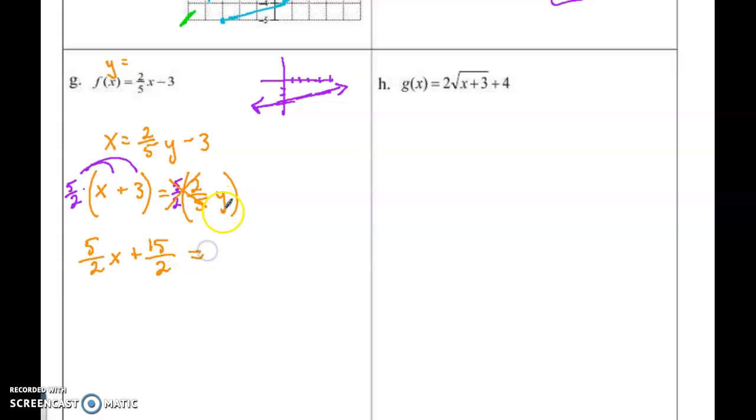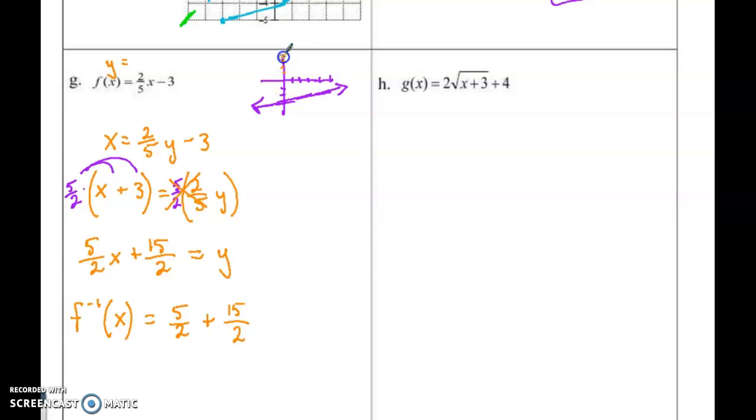Now instead of writing y equals, let me go ahead and write it. We typically write it in this notation of the inverse. So f inverse of x. And it's going to be written this way on a test, so get used to it. And let's go back to that graph I made earlier. In case you didn't know, 15 divided by 2 is about 7.5.